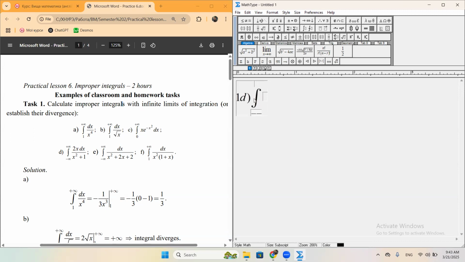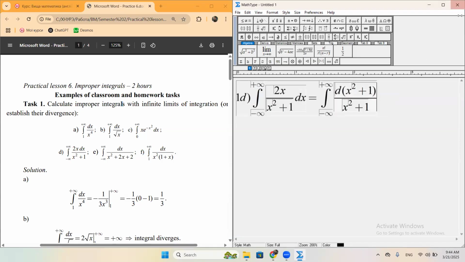Calculating the next integral or establishing its divergence. From minus infinity to plus infinity of 2x over x squared plus 1 dx. So what do we have? We have the differential of x squared plus 1.